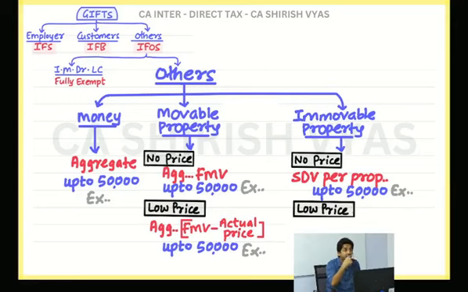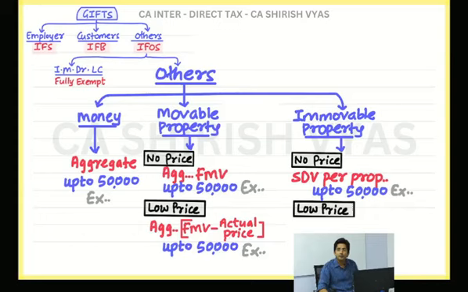Actual price is 95 lakhs. 1 crore is the market value, I paid 95 lakhs, so the actual price is 95 lakhs. Calculate 10% of 95 lakhs: 9 lakh 50,000. So up till 9 lakh 50,000 the government will not tax you, and my difference is only 5 lakhs.